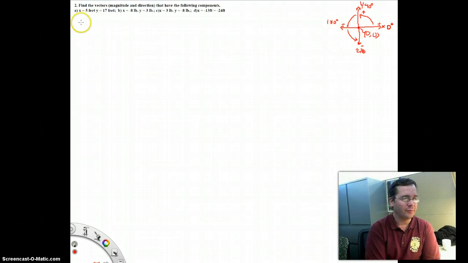So let's think about this first problem. What does it say? Well, first you walk to the right 5 feet, right? You make an x move, positive 5 feet. And then you walk upward, or northward, a distance of 17 feet.